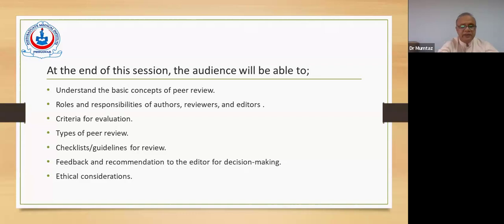We will go briefly through the types of peer review. We will check and see the guidelines and the checklists for review. Similarly, we will come to know how we give feedback and recommendation to the editor in our report for making a probable decision. At the end, we will briefly go through the ethics of peer review.